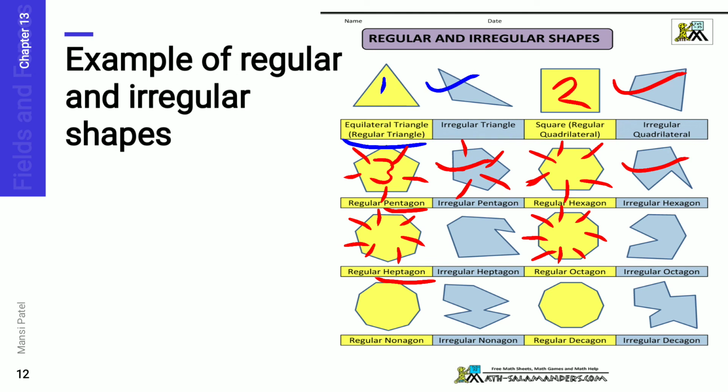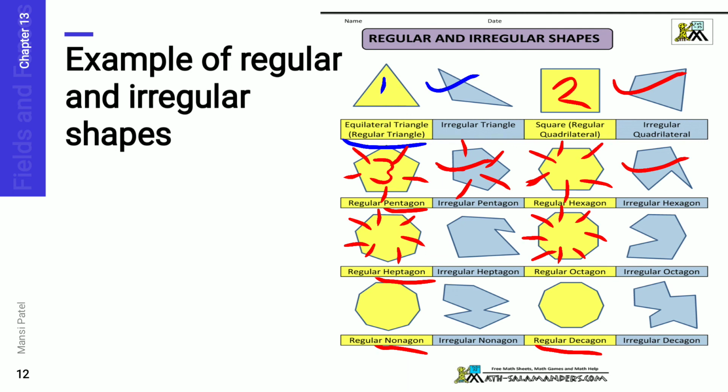If any shape has 9 sides, then it is known as a nonagon, and if any shape has 10 sides, then it is known as a decagon. For the pentagon, hexagon, heptagon, octagon, nonagon and decagon, you have to use the word regular if all the sides of this polygon are the same.